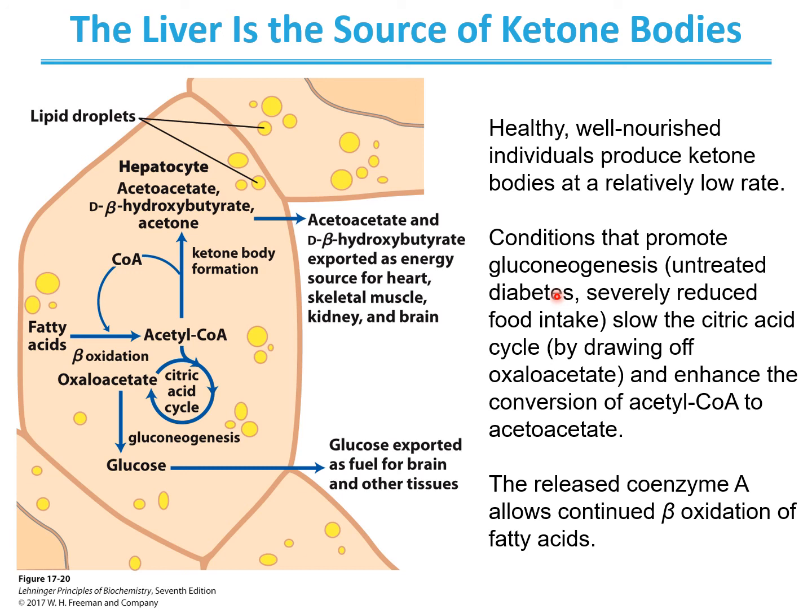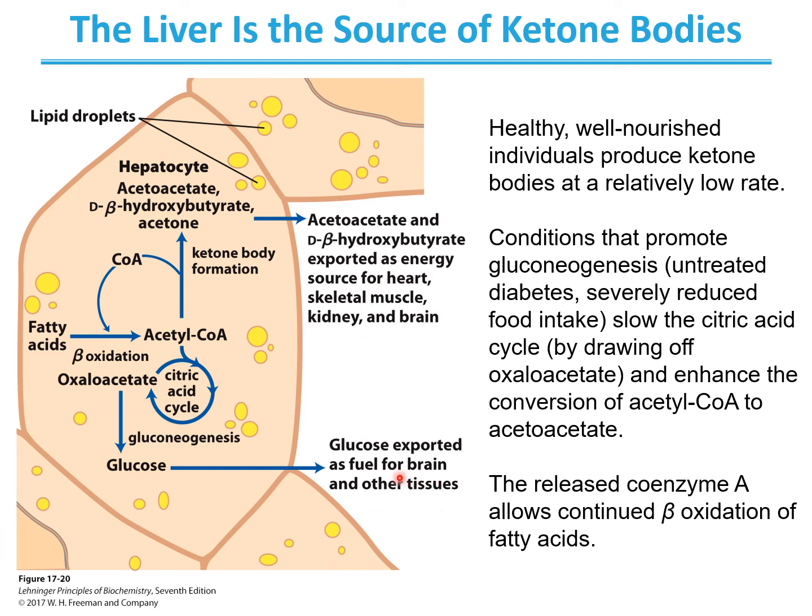This means that glucose is not taken up by tissues, and glucose therefore can't undergo glycolysis and generate acetyl-CoA that goes into the citric cycle and generates oxaloacetate. Another condition is severe starvation, so reduced food intake. These conditions will slow down the citric acid cycle and will draw off oxaloacetate into gluconeogenesis.